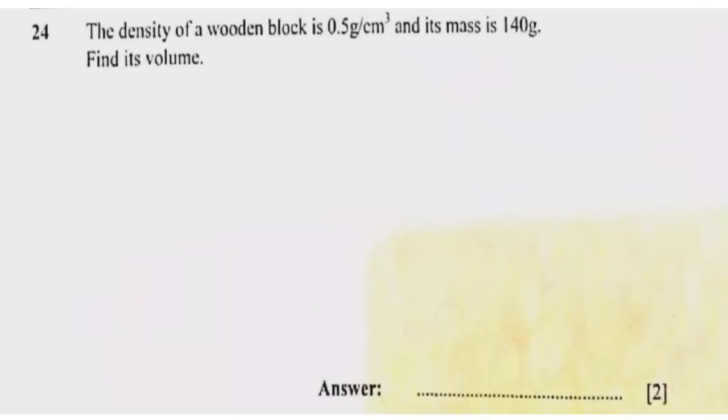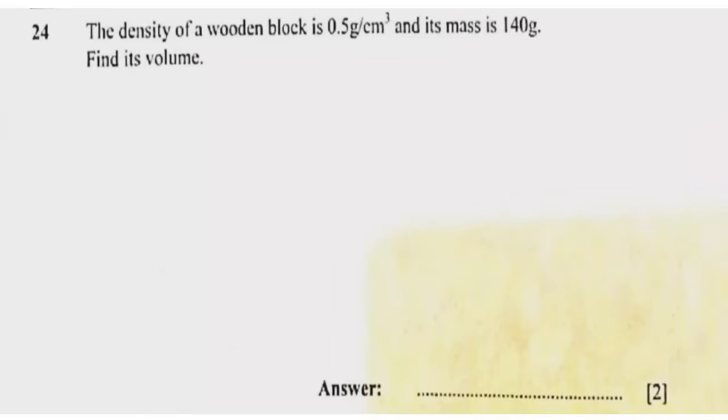We come to question 24, which is as follows. The density of a wooden block is 0.5 grams per centimeter cubed and its mass is 140 grams. Find its volume. So what we need to do is understand how this one works.